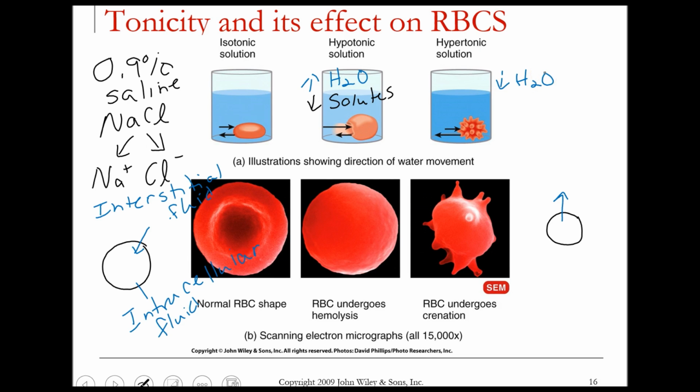What does that mean in terms of the solute concentration? Yes, it will have a higher solute concentration. So water will move into the cell, water will move out of the cell, but the dominant direction will be out of the cell. And here you can see a red blood cell that is undergoing crenation. It is shriveling. Some people think that that looks like the tips of a crown, and a crown is crenulated.